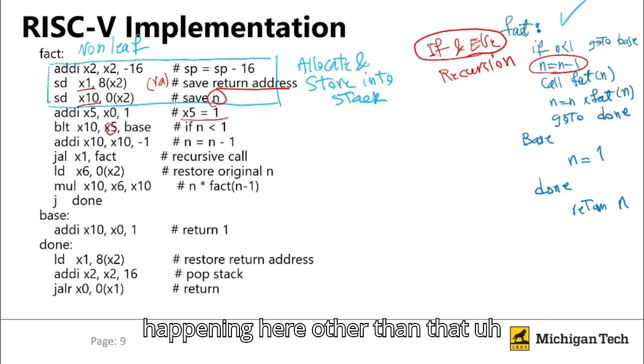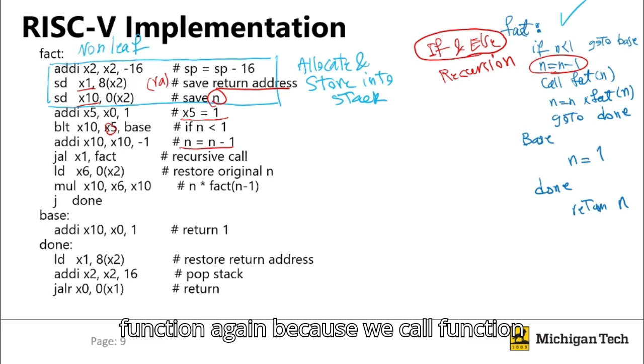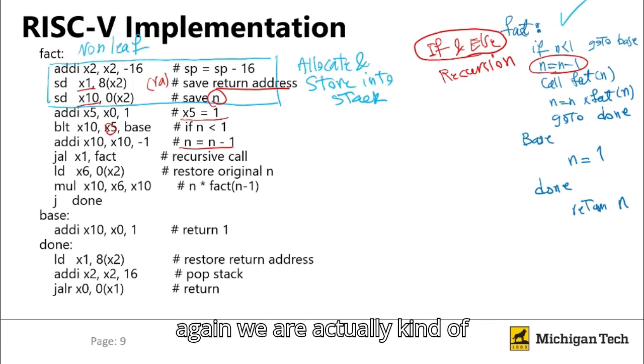Other than that, we decrease n, and then we call the function again, actually calling factorial n minus 1. And what else do we need to do?